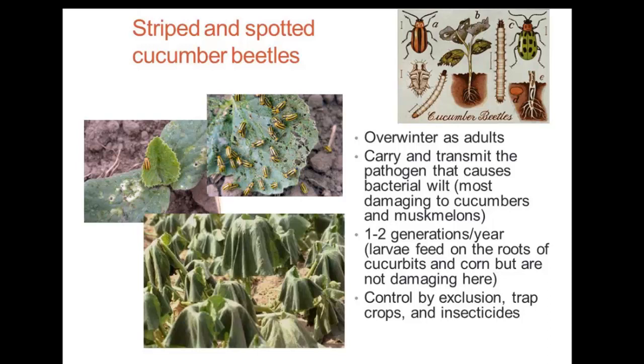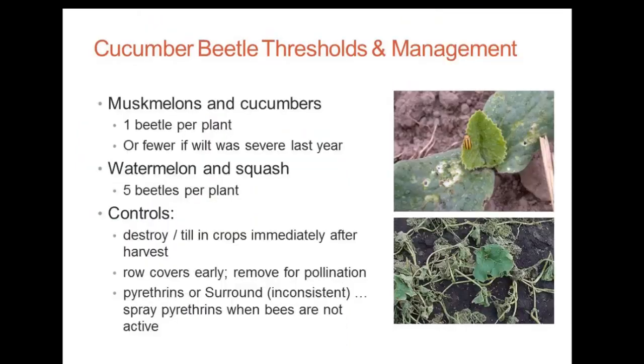Cucumber beetles, everybody knows and loves these guys. Striped and spotted beetles overwinter as adults. In cucumbers and muskmelons, they carry bacterial wilt, and that makes them especially important. What can you do?